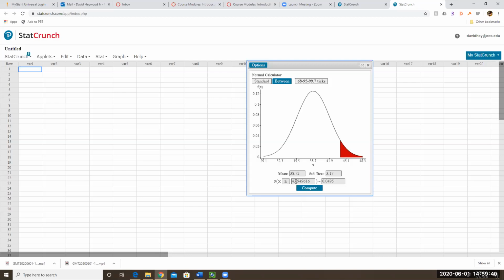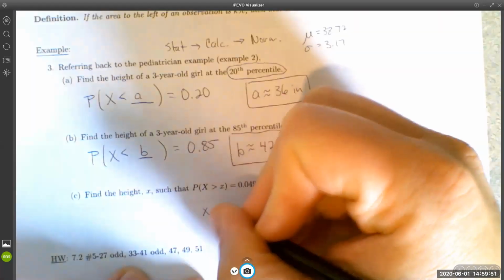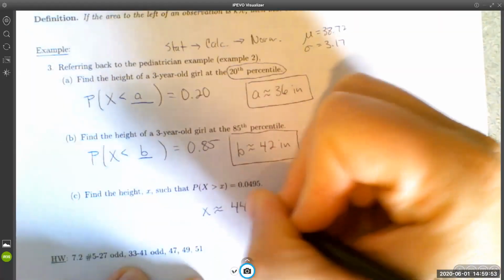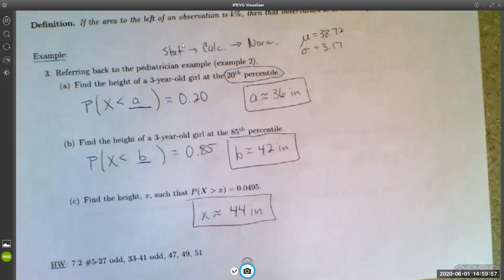Okay, and that value looks like it's about 44 inches. Okay, about 44 inches. And that's that. Okay, so that'll do it for 7.2.